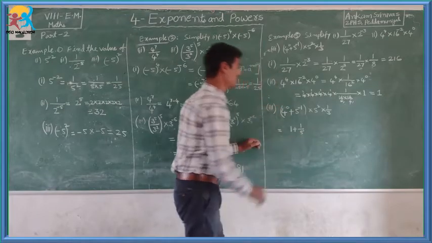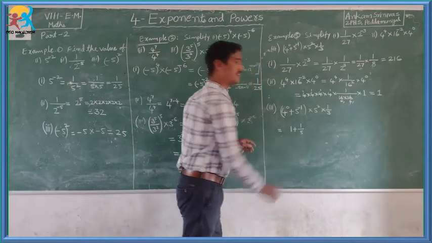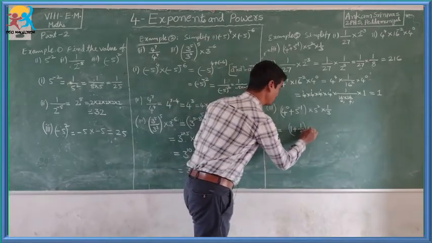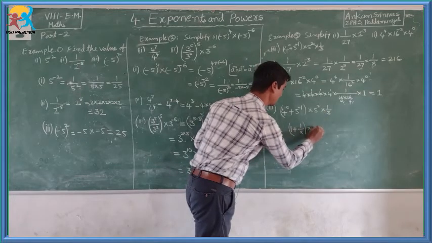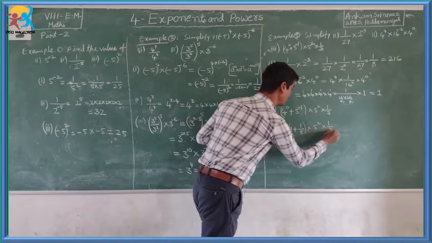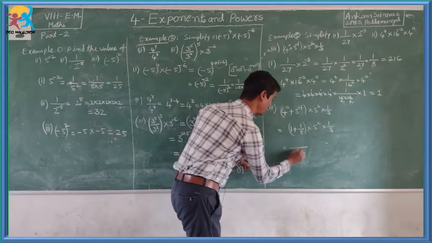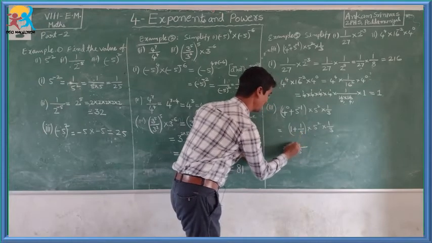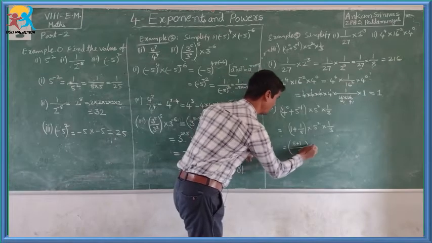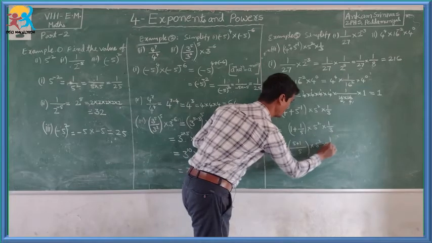This 5 power 1 is nothing but 5, so you need not write power 1, into 5 square, into 1 by 3. Next, if I take 5 as the LCM, 5 ones are 5 plus 1, into 5 square into 1 by 3.